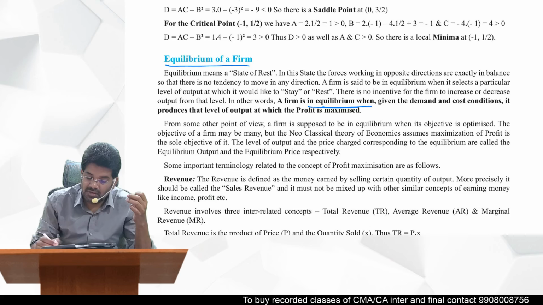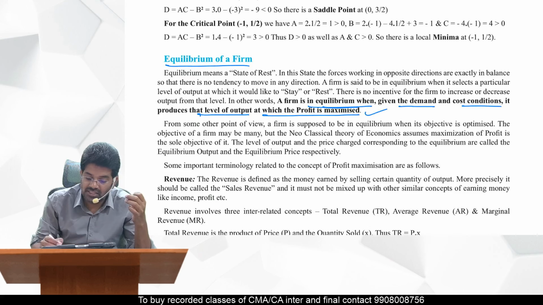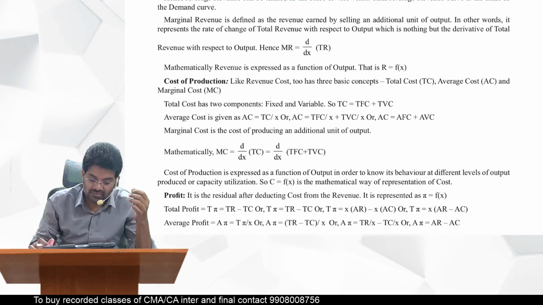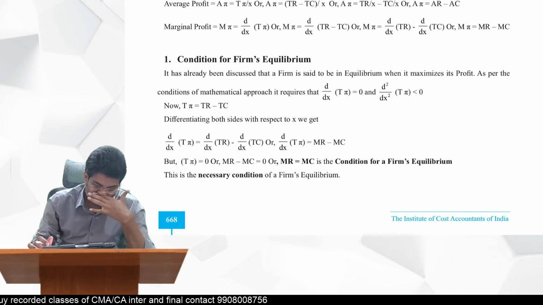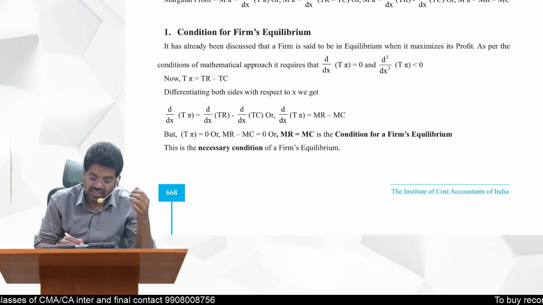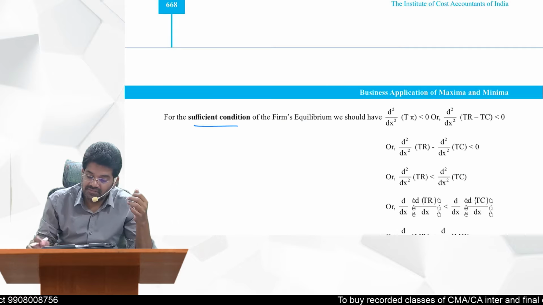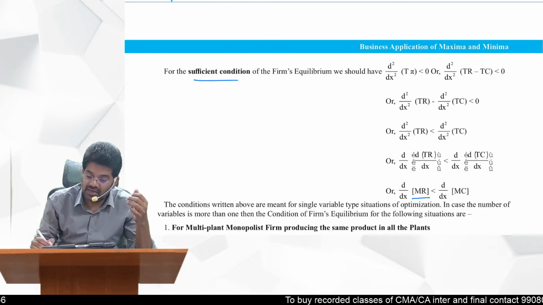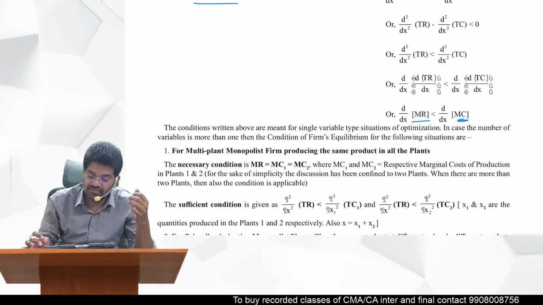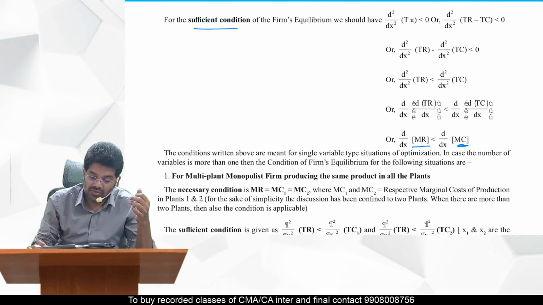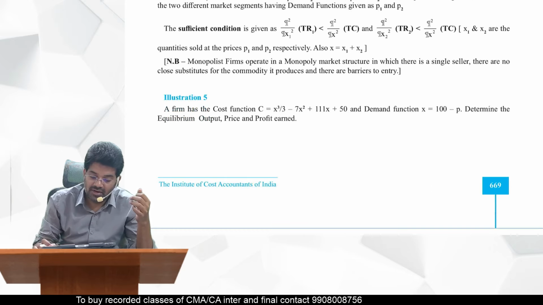A firm is in equilibrium when, given the demand and cost conditions, it produces that level of output at which profit is maximized. So the necessary condition is MR is equal to MC to solve, and the sufficient condition is exactly MR less than MC, which is what I have shown you. Let us take one question on that. Multiple variables we will cover later on.